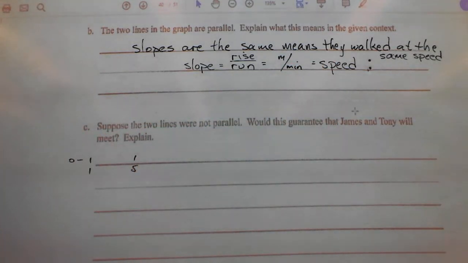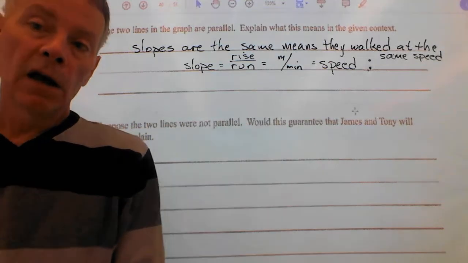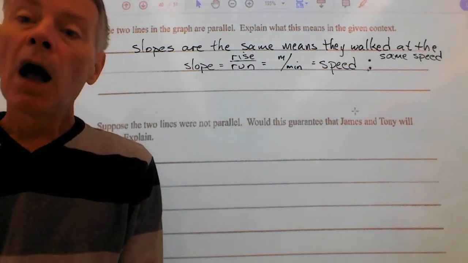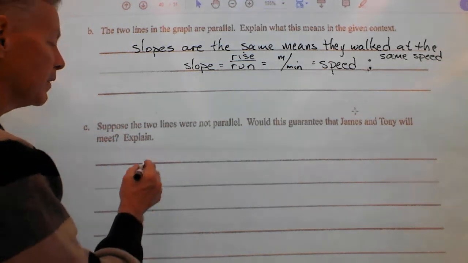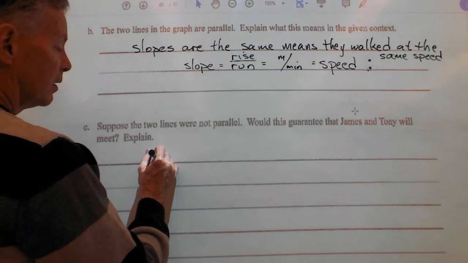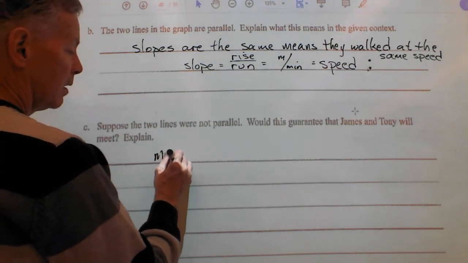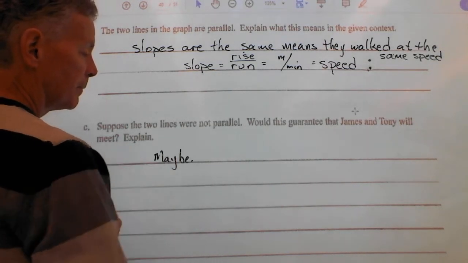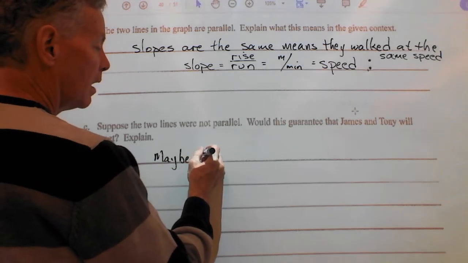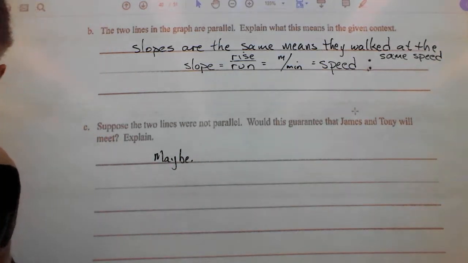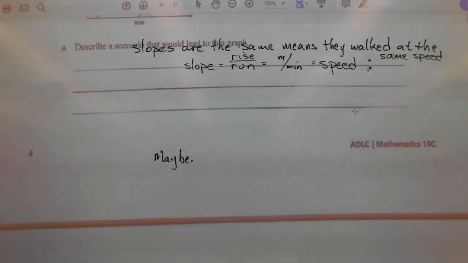Suppose the two lines were not parallel. Would this guarantee that James and Tony will meet? Explain. The best we can say about this is maybe. Okay? I think it was Tony who left first. Was it Tony? Yes.